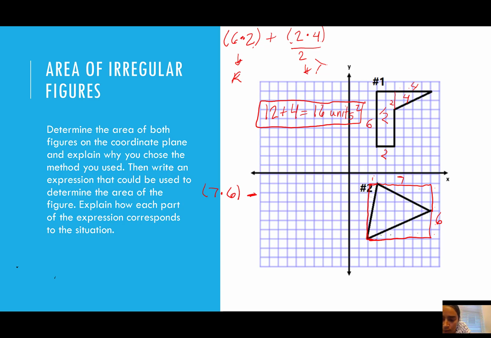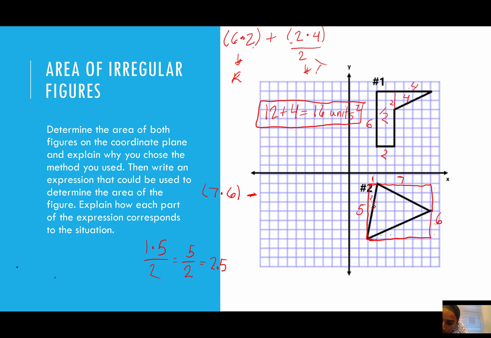I have a base of 1 and a height of 1, 2, 3, 4, 5. So the area of that triangle, 1 times 5 is 5, divided by 2 is 2.5. Okay? Hard to see, but I could put 2.5. All right, let's look at this bottom triangle.